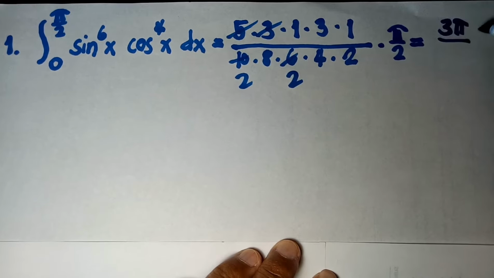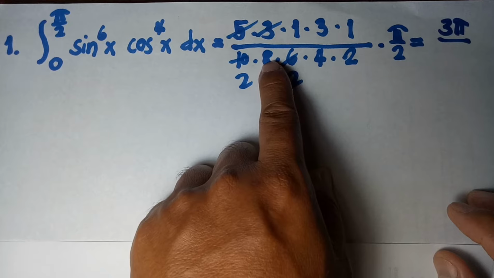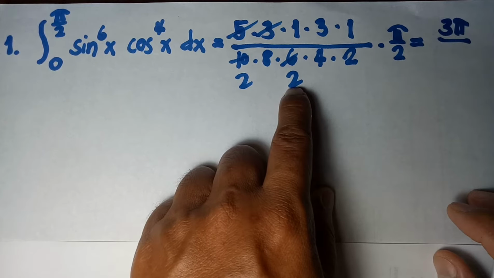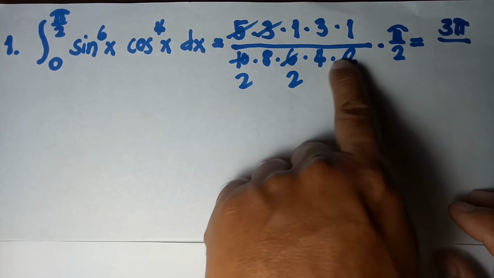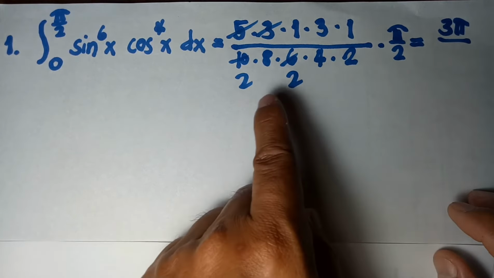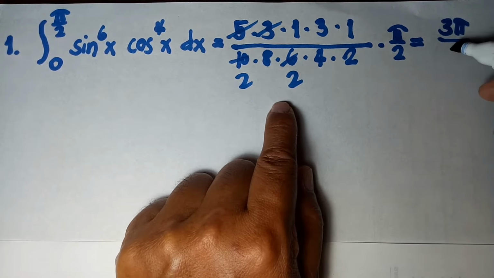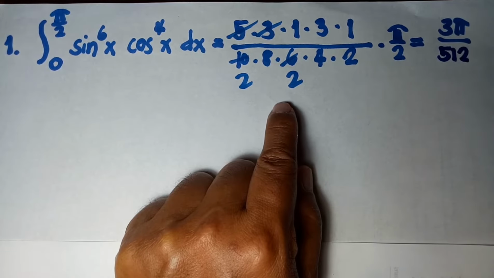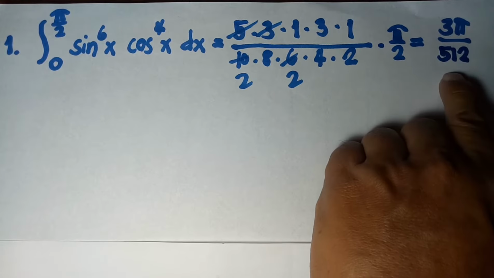And then, divided by, so meron tayong 2 times 8, 16, times 2 ay 32. Tapos meron tayong 4 times 4, 16. So 16 times 32 equals 512. So yung sagot natin equals 3 pi divided by 512.